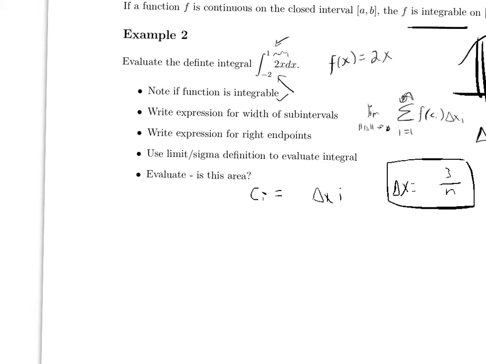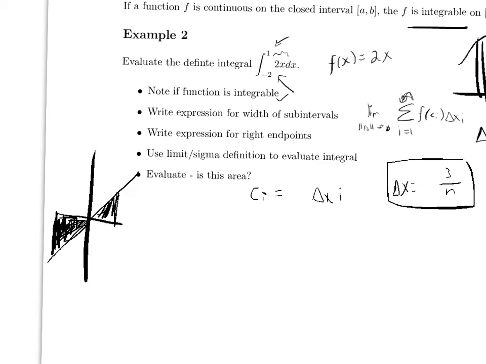All right, so we're finding this area. By definition, a definite integral finds this limit sum, which is the area between the x-axis and the function, given the limits.